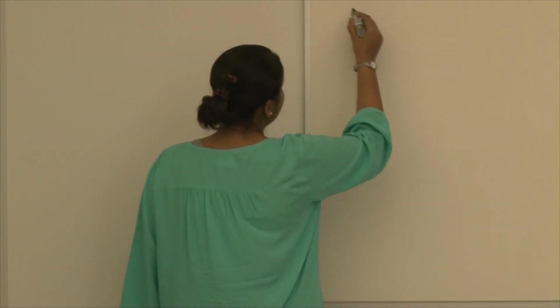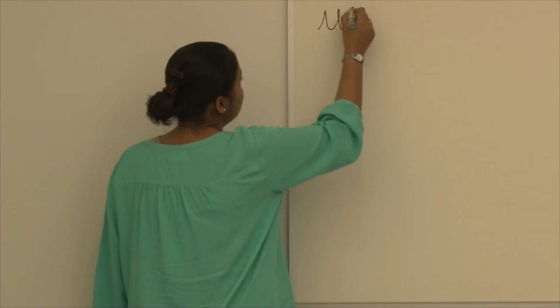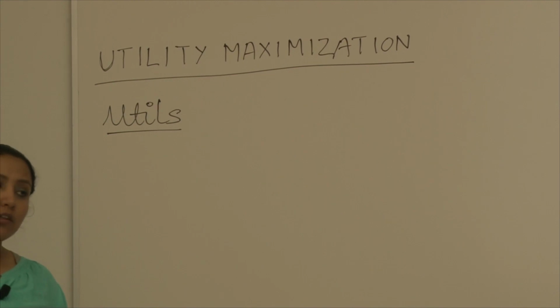So, if I say I have utility 5 and she has utility 4 from a glass of water, it means I have a higher satisfaction from consuming that glass of water than her. Okay? And we have a unit for utility in econ, which is simply called utils. So, utils is the unit for measuring utility.